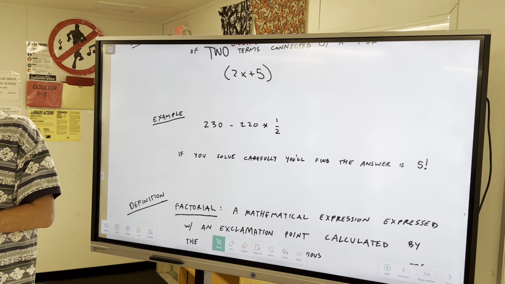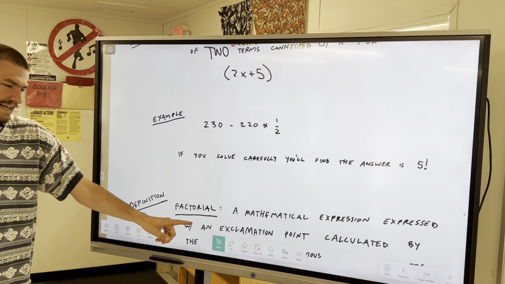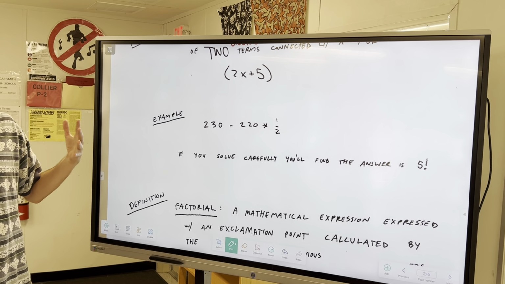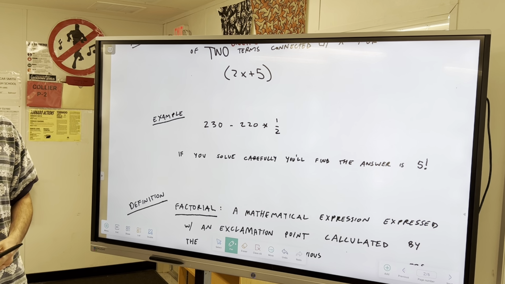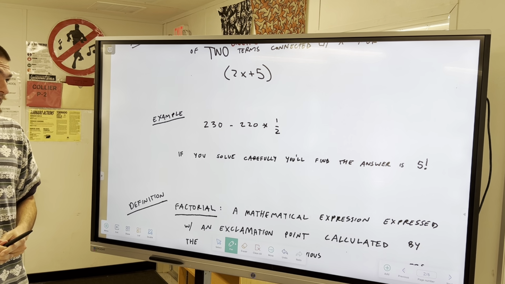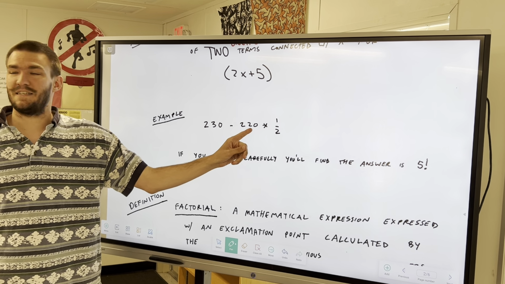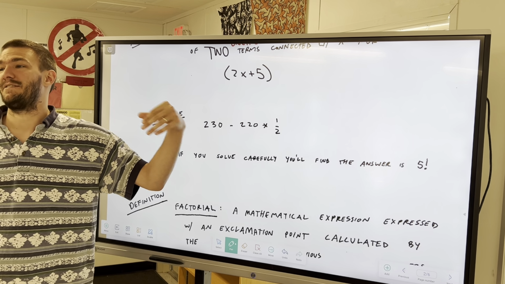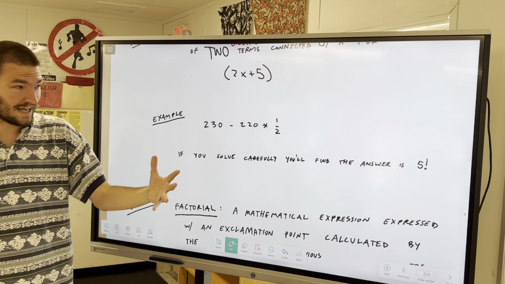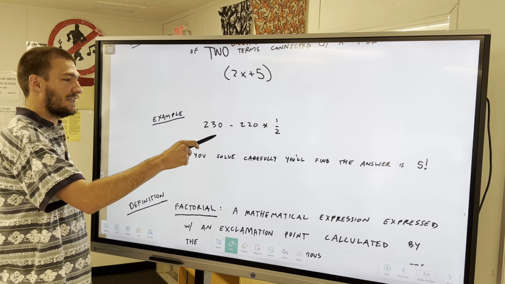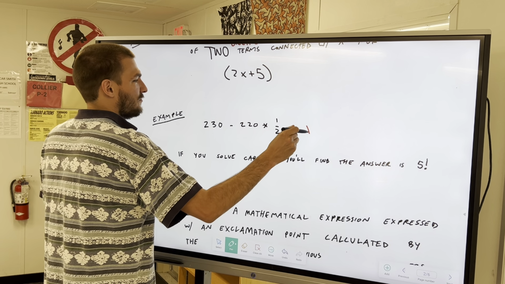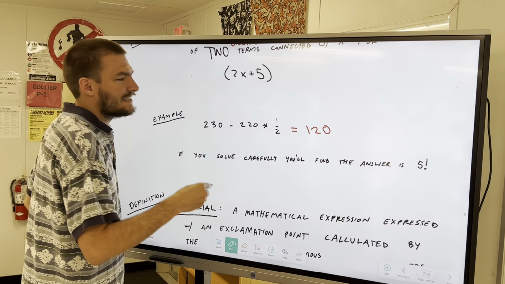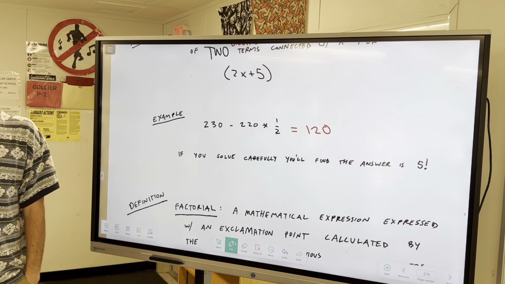There's a little bit of a spoiler on the rest of the sheet. Obviously you can see it's still here. If you actually solve this correctly, what should the answer really be? 220 cut in half, which makes 110. And what is 230 minus 110? 120. This should be the answer.